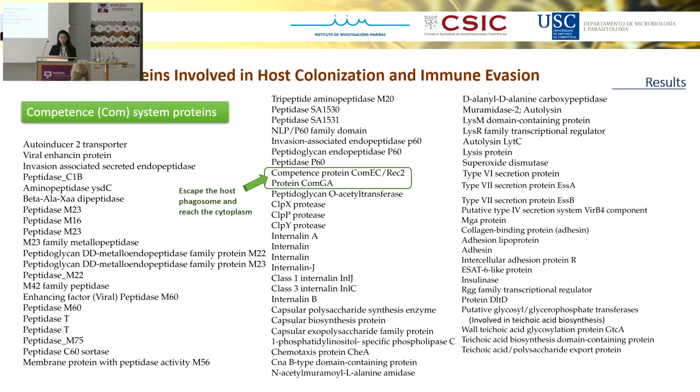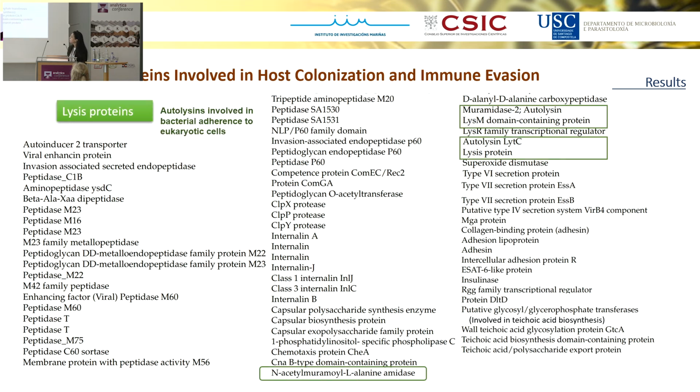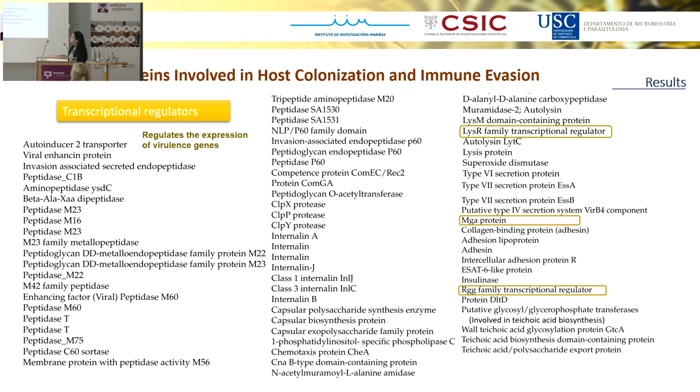We have identified 2 proteins of the competence system, which are involved in escaping the host phagosome and reaching the cytoplasm. A peptidoglycan O-acetyltransferase that is involved in avoiding eukaryotic lysosome recognition. Different lysozyme proteins that are autolysins involved in bacterial adherence to eukaryotic cells. We also determined different transcriptional regulators, which regulate the expression of different virulence genes.